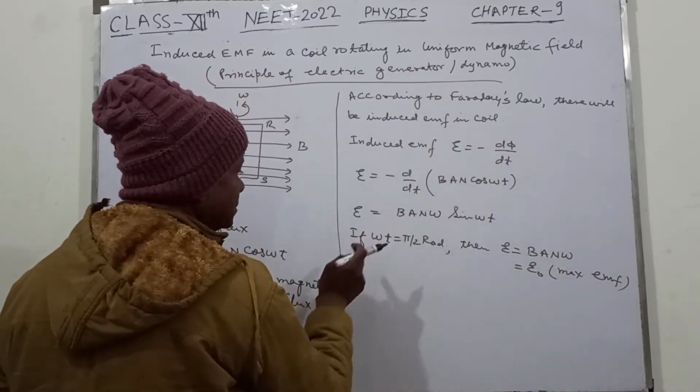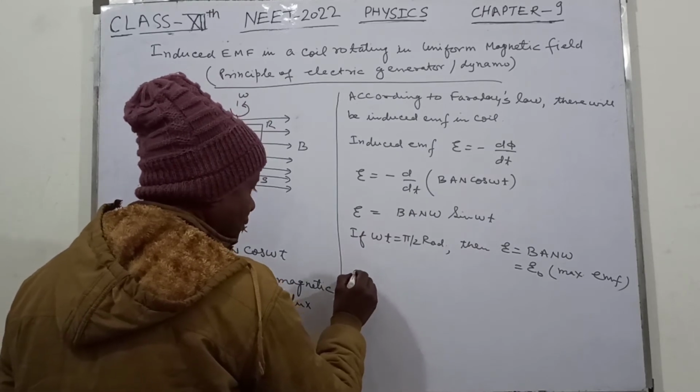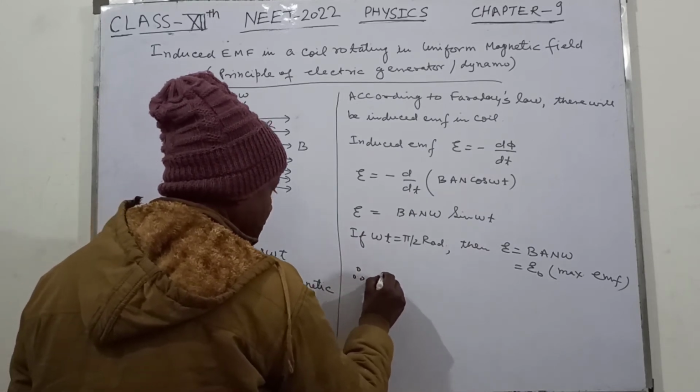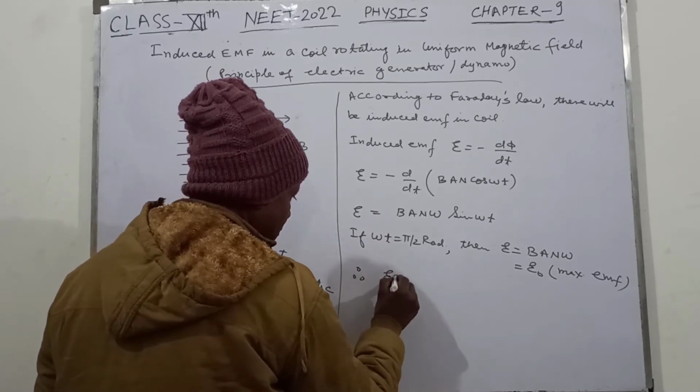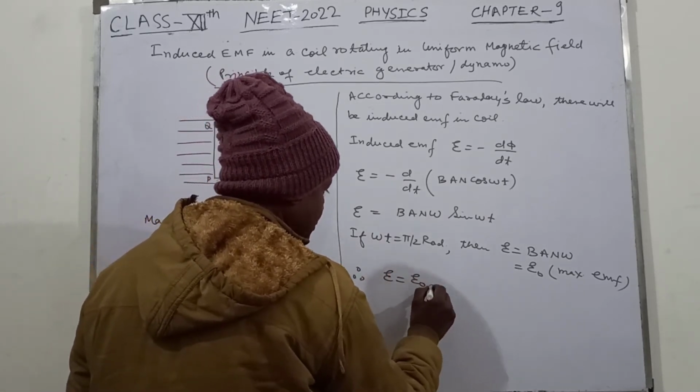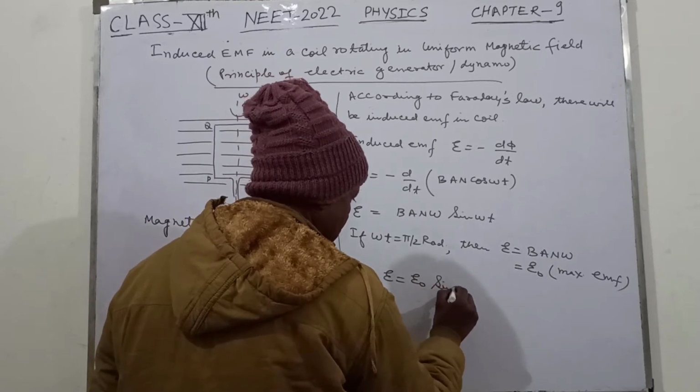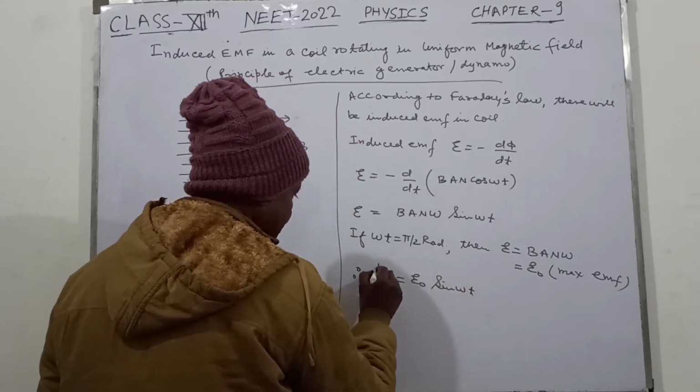So we can write therefore E is equal to E naught sin omega t.